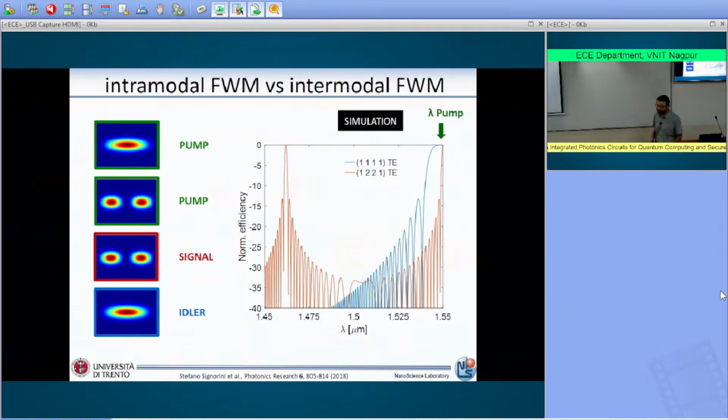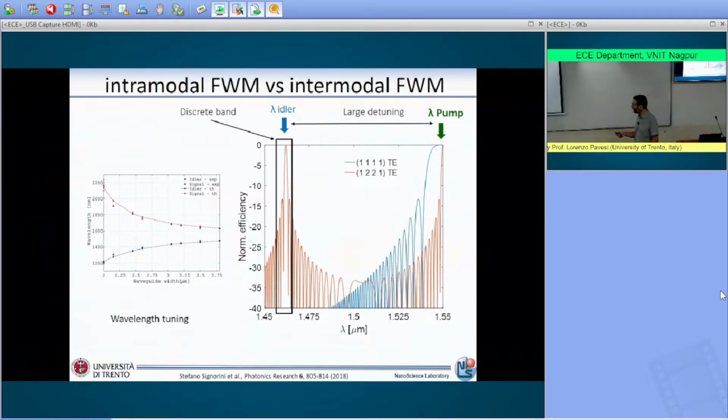As a result of the fact that now we can conserve the energy and satisfy the phase matching with different energies for the involved photons, we have a large detuning between the pump and the idler on this side, and on the other side we will have the signal photons, also with a large detuning. So it is very easy to separate the pump photons from the idler and the signal photons, and this is going to be important when we discuss single photon sources.